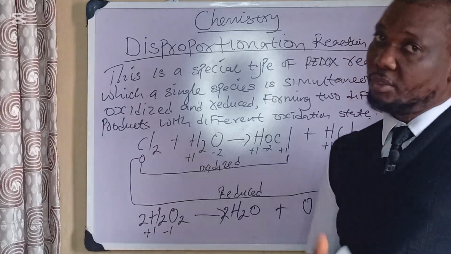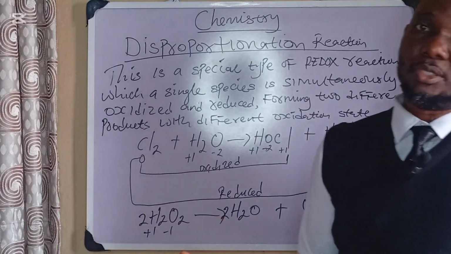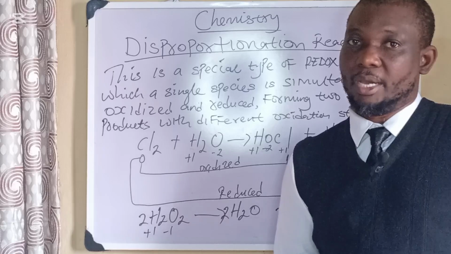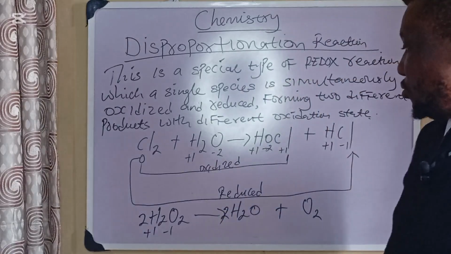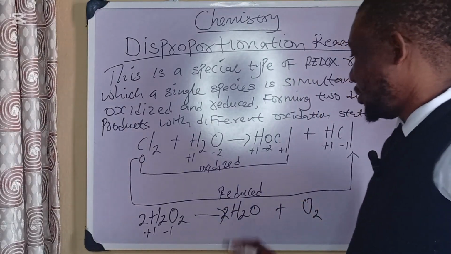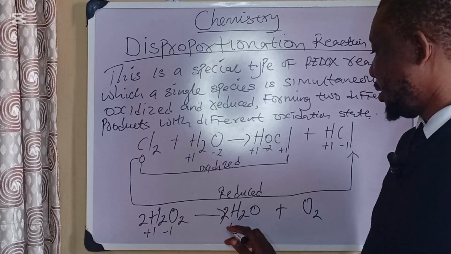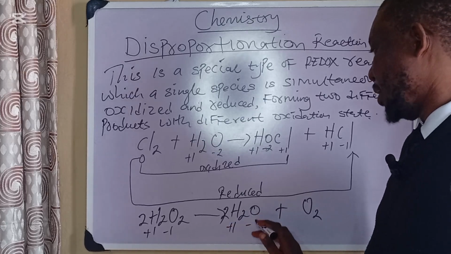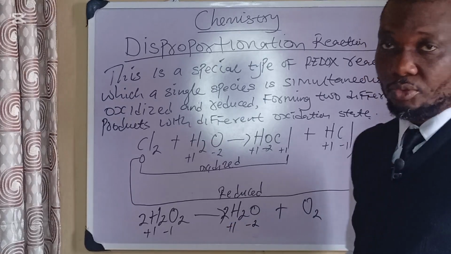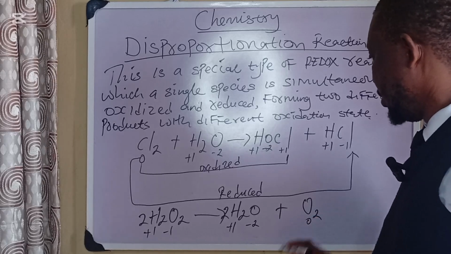So only in peroxide is the oxidation state of oxygen minus one instead of minus two. Then in this case, this is plus one, this is minus two as usual since it's one atom here. So this is zero.